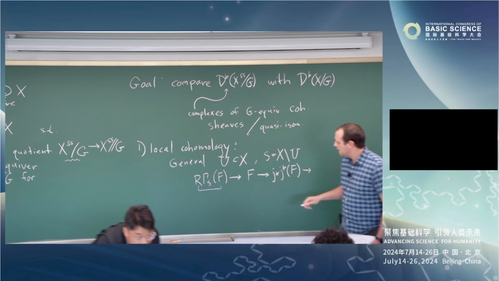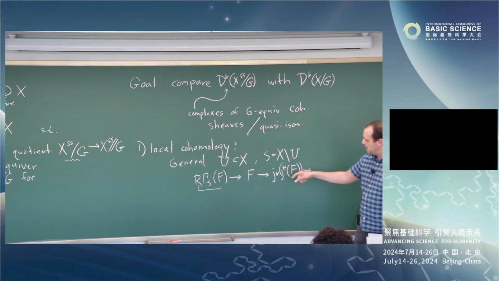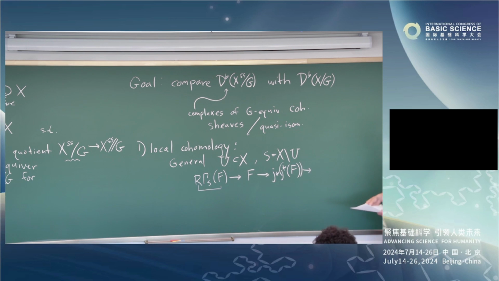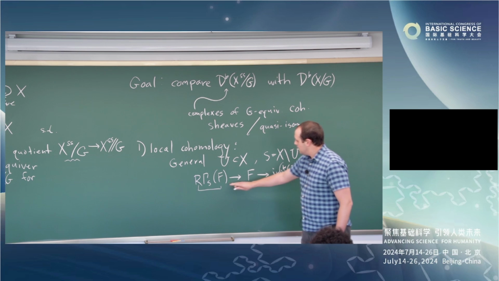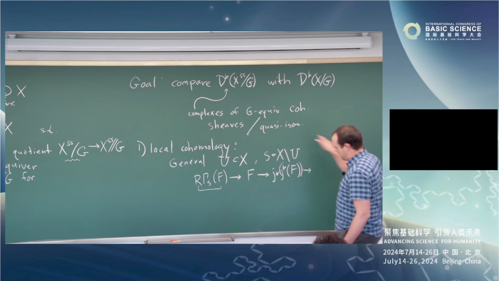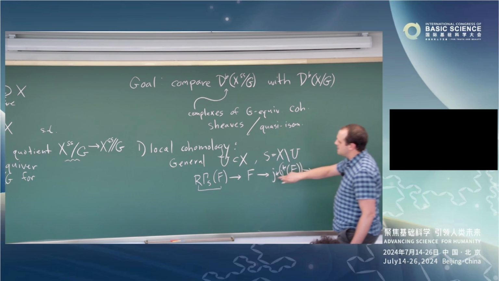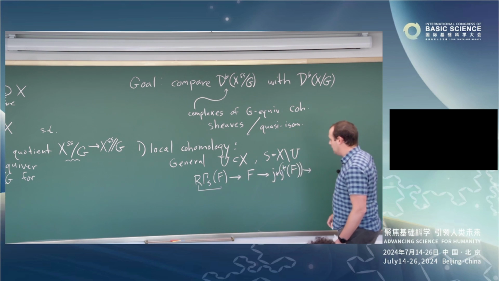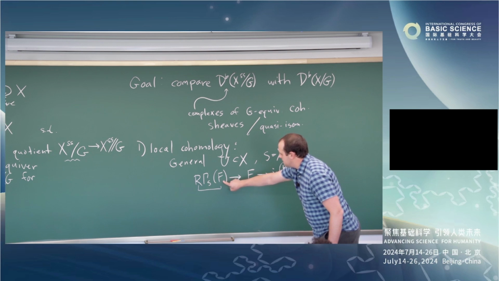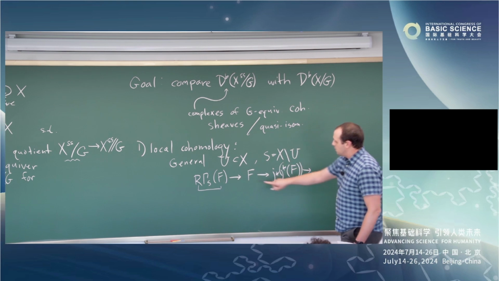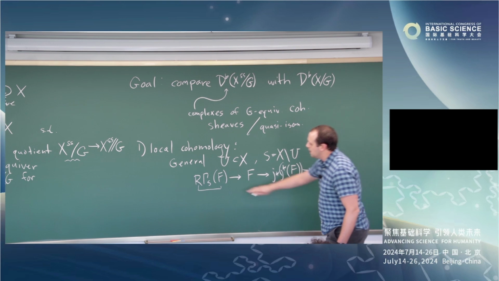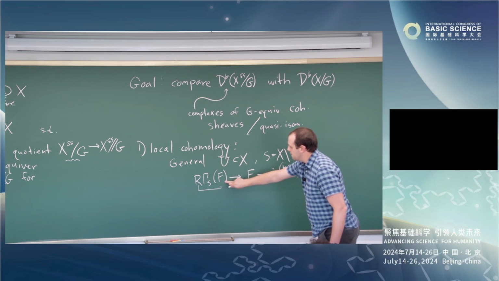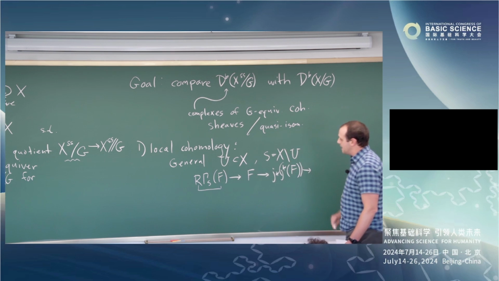It's the fiber of the map from the push forward of the restriction of F to the open subset. And one way to think about what this is doing is, in this triangulated category, there is a map from this to this shifted by 1, but there are no maps from an object that's set-theoretically supported on S, which this is. So this morphism becomes an isomorphism after restricting to U. So this is sort of in the kernel of the restriction functor, and there's no map from this to that.